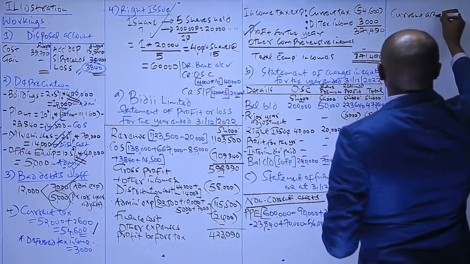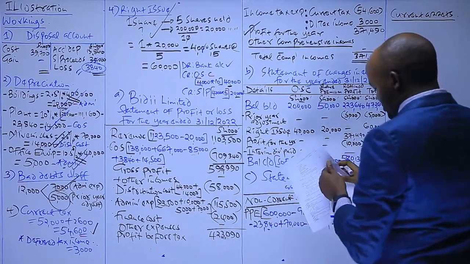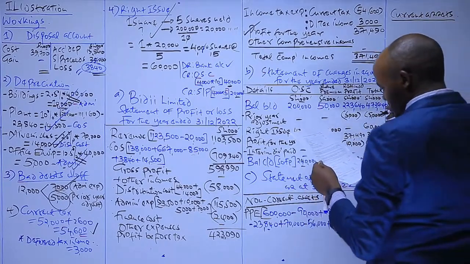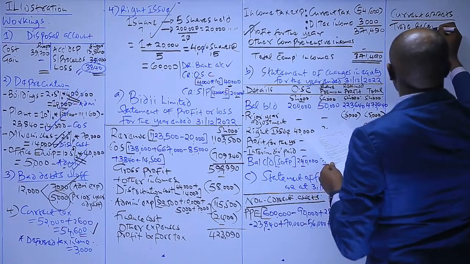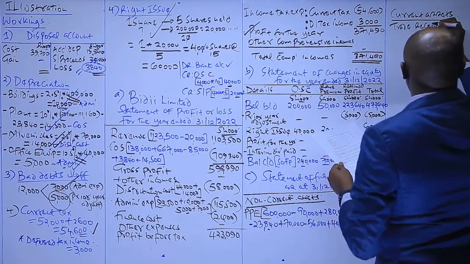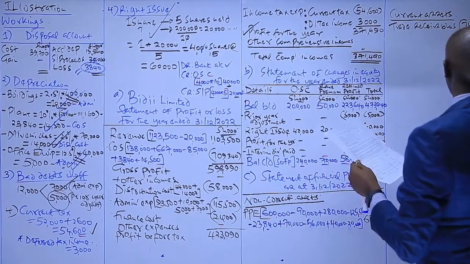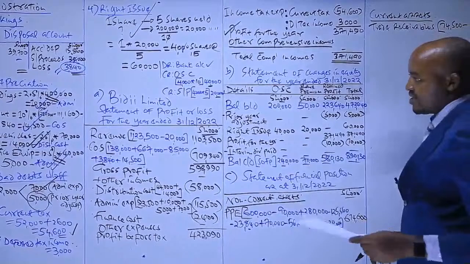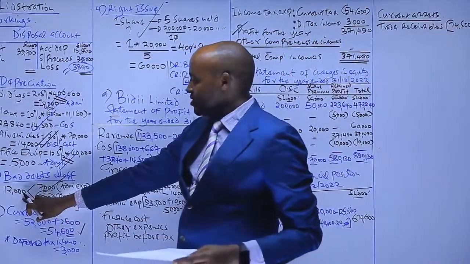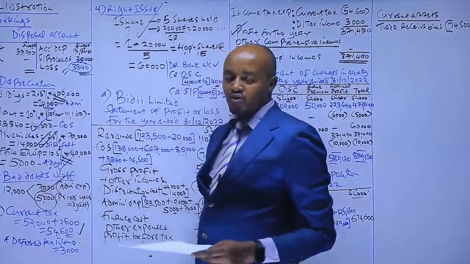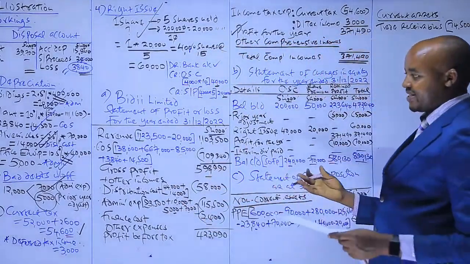Current assets. So for current assets, we have a number of items. In the trial balance, we have trade receivables. Now the trade receivables in the trial balance is given as a figure of 74,500, but this figure will need to be adjusted with this particular amount of 12 million, which was included as part of the receivables, but you're told those receivables are non-existent.